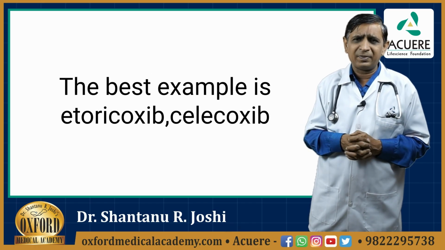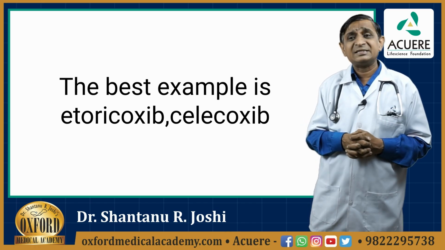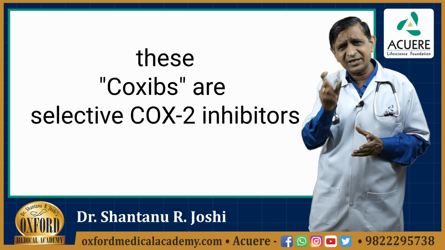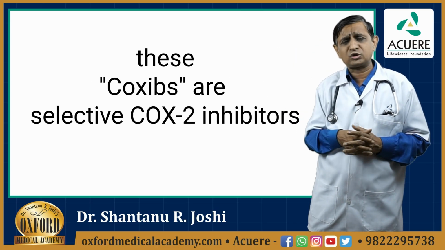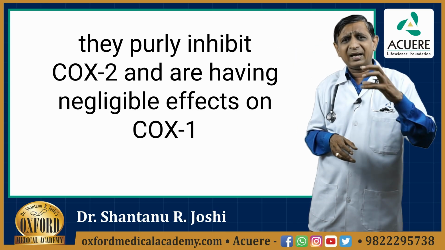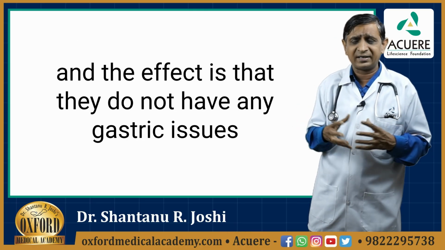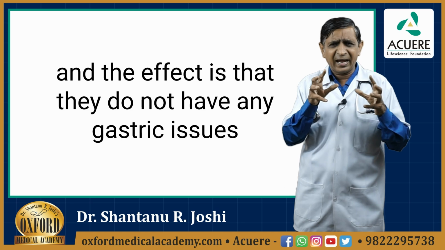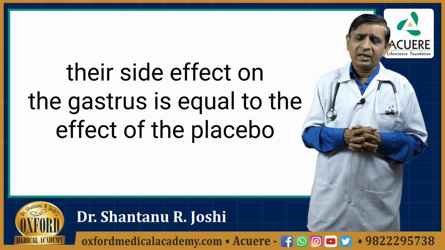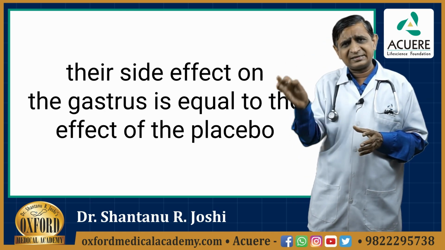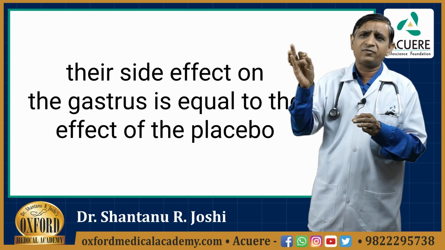The best examples are etoricoxib, then celecoxib. These coxibs are selective COX-2 inhibitors. They purely inhibit COX-2 and have a negligible effect on COX-1. And the effect is that they do not have any gastric issues. Their side effect on the stomach is equal to the effect of the placebo.